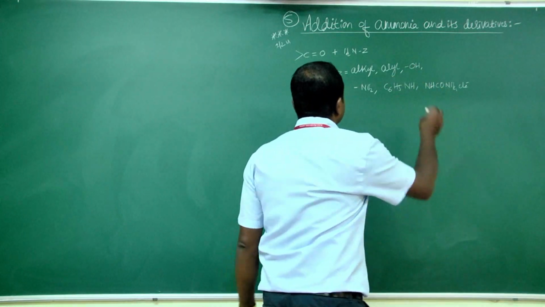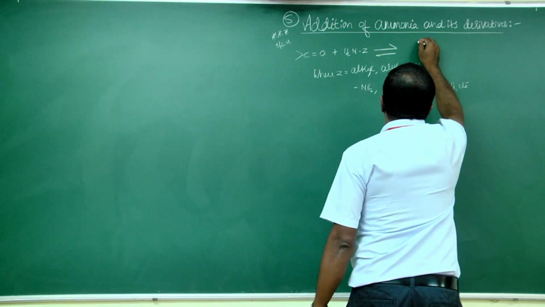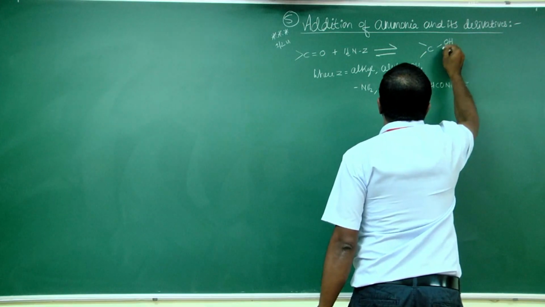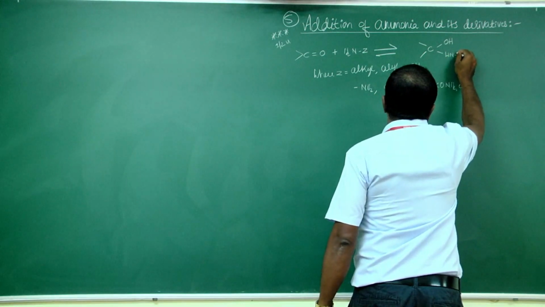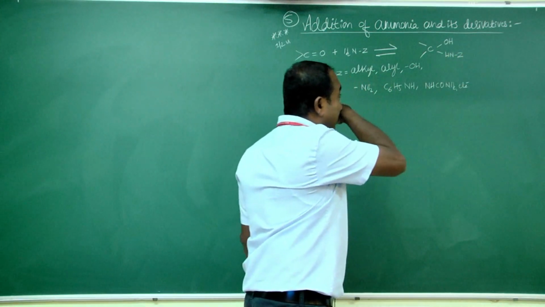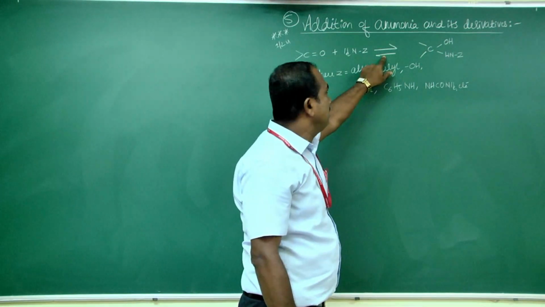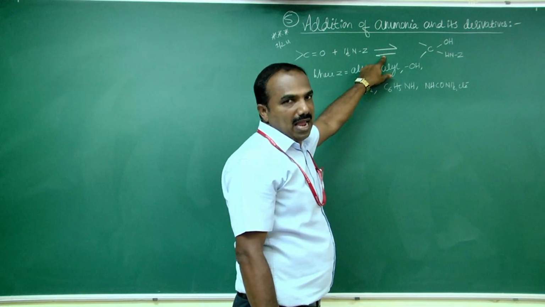To form the intermediate, that intermediate is C single bond OH connected to HNZ. This is the intermediate. This is a reversible reaction. Therefore, this reaction is catalyzed by acid.